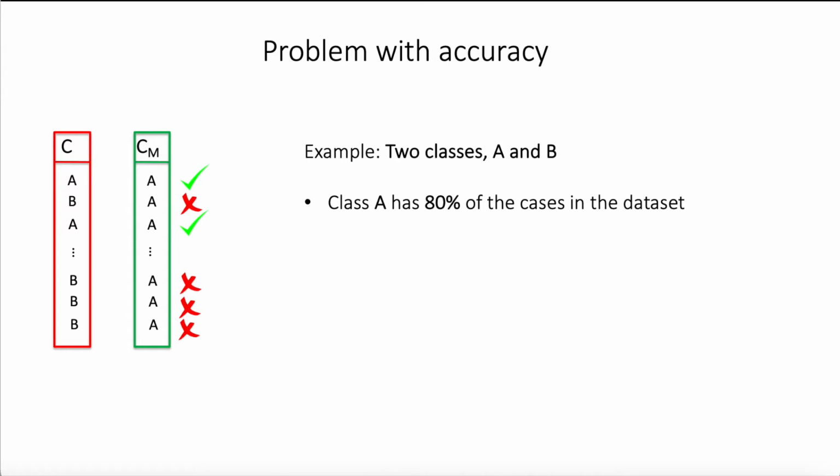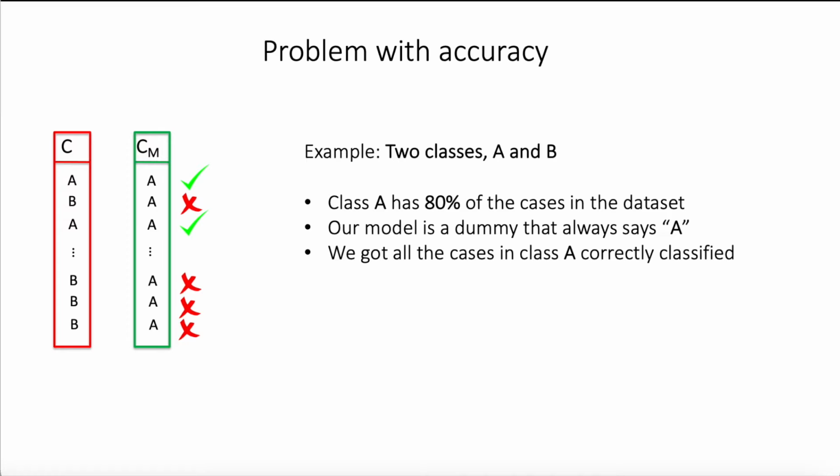For example, let's say we have two classes, A and B, and class A has 80% of the cases in our full training set. If we have a dummy model that always predicts A, then when we calculate the accuracy, we get all the A cases correctly predicted, because the model always says A. Given that those are 80% of the cases, we get all our class A cases correctly classified.